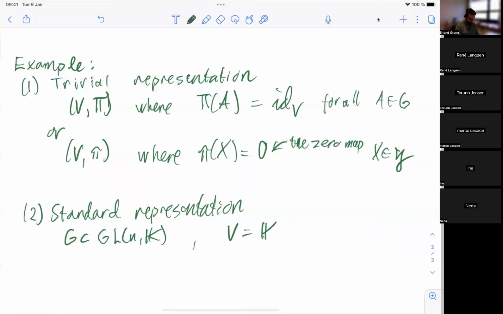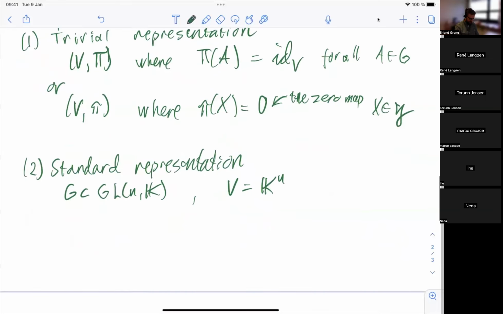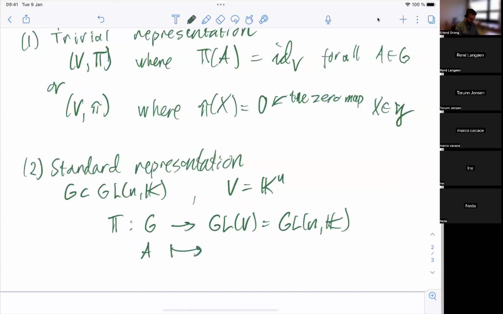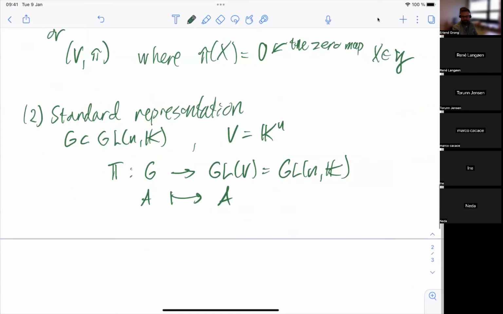V is then K to the power n, and pi from G to GL(V), which is now just GL_n(K), is just the identity. So if we have a matrix Lie group, then we have an associated standard representation, given by considering the matrix acting on its own vector space.